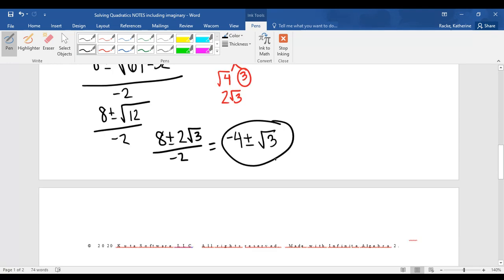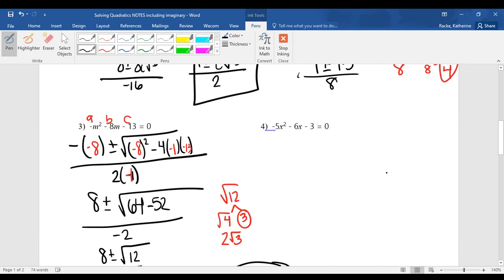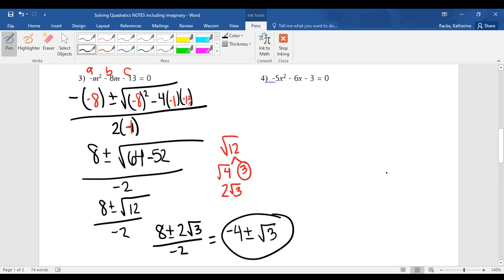All right, moving on to the last one, number 4 here. Let's label our A, B, and C values. So A is -5, B is -6, and C is -3. Okay, let's go ahead and plug them in.